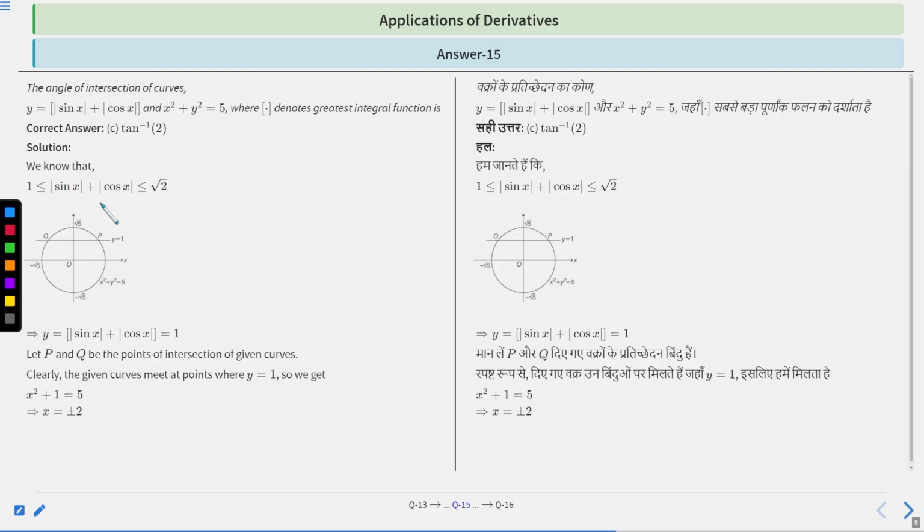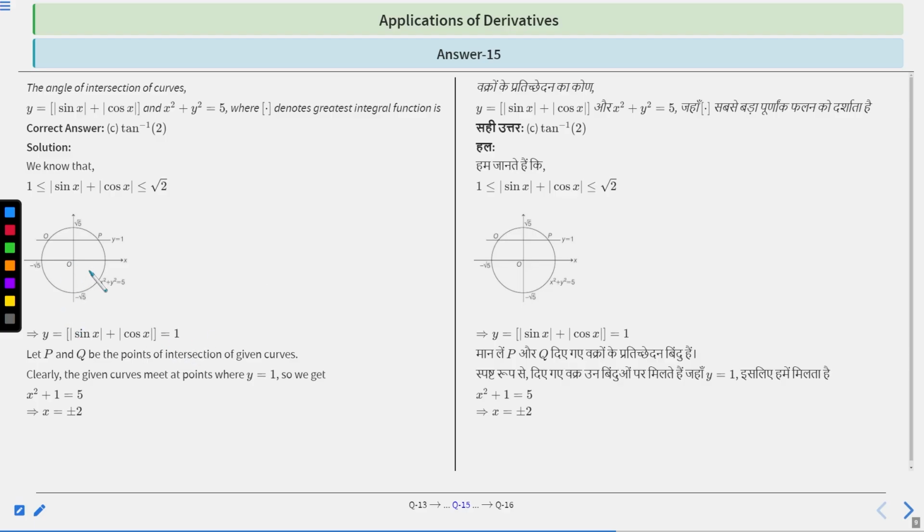Initially, I told that mod sin x plus mod cos x is equal to pi by 2, which is not right. This will be true in case of sin inverse x plus cos inverse x. But here we have mod sin x plus mod cos x, which lies between 1 to root 2. So the greatest integer function of a function which is between 1 to root 2 is basically 1.